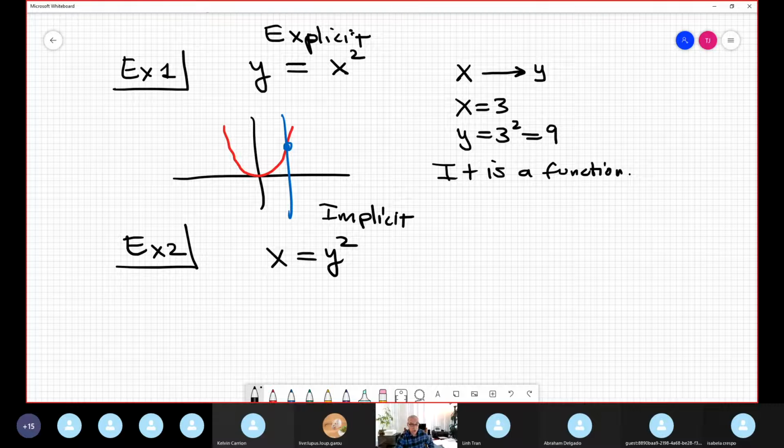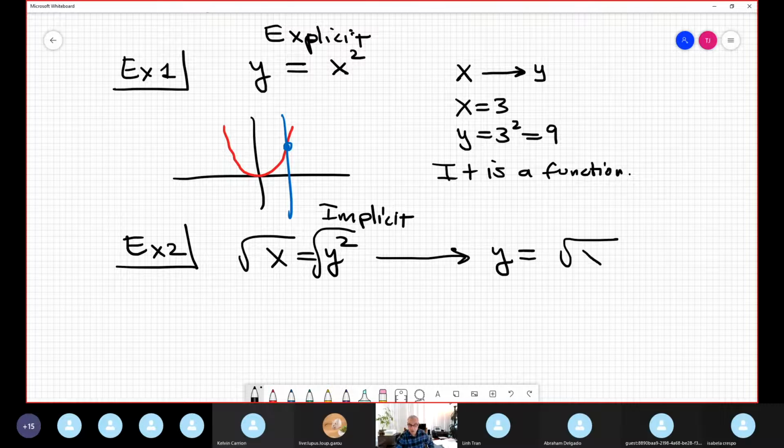So the first thing you should do is write it in explicit form. You transform this to explicit, y alone. To do the transformation, you apply the square root on both sides. The square root and the second power cancel out each other. It's y alone, so y is equal to the square root of x. But don't forget plus and minus.